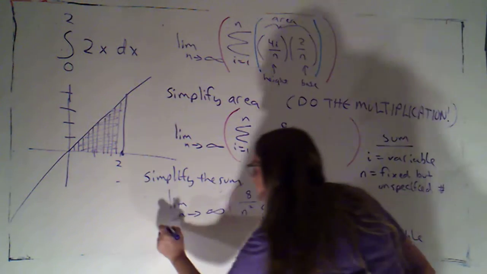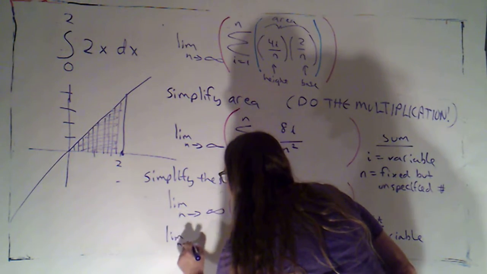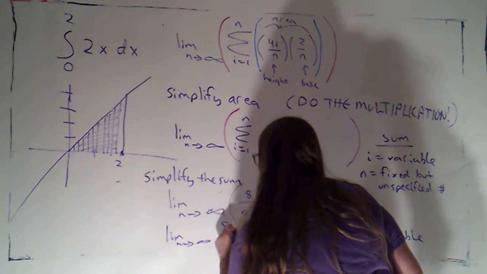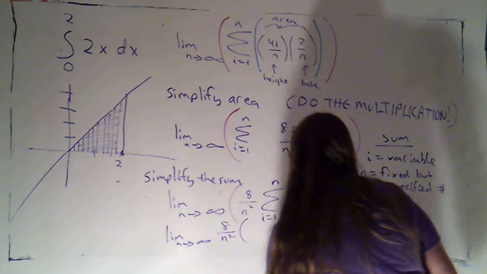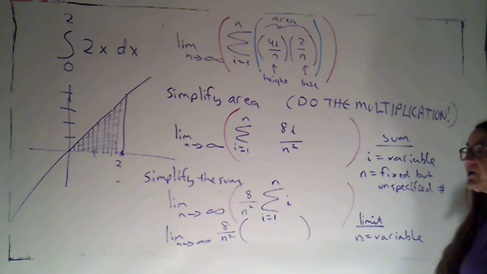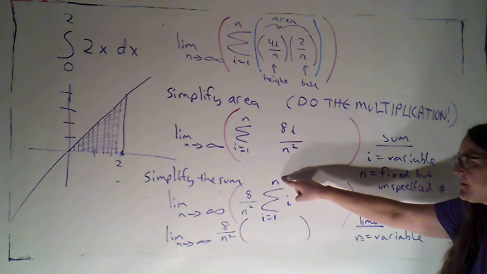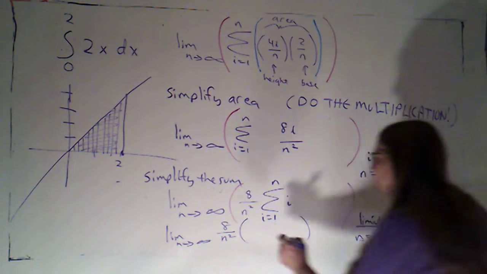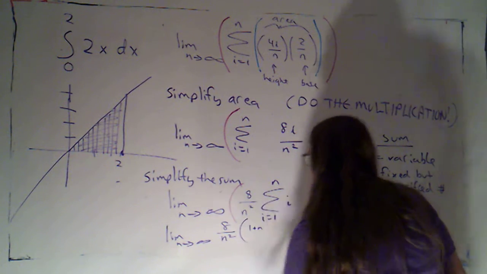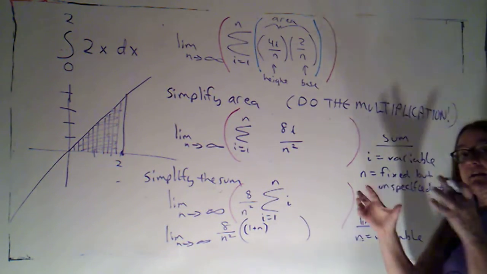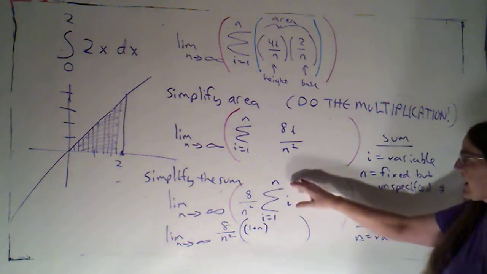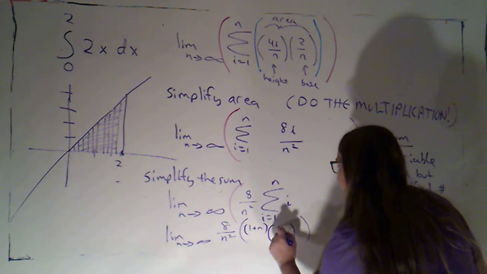So now I can say this is the limit as n goes to infinity of 8 over n squared times here I'm just adding up a bunch of integers. So remember, if I added the smallest plus the biggest, that would give me 1 plus n. That's what I get for each pair. If I have n numbers, I'm going to have half as many pairs.